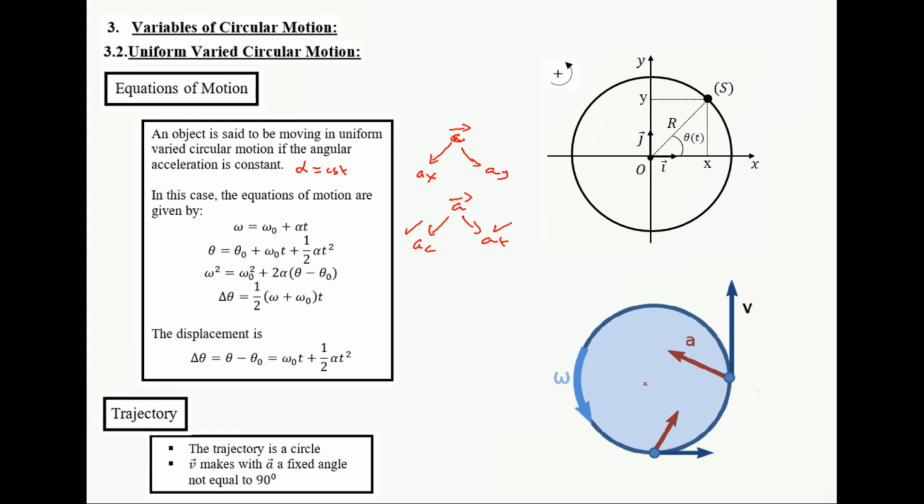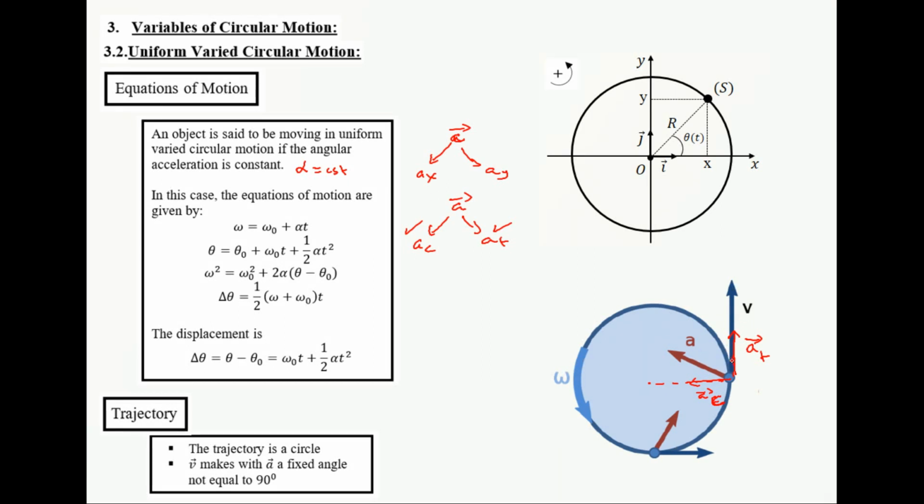Because we're going to have part of the acceleration pointing toward the center, and this is a centripetal, and there is another part of the acceleration which has to do with speeding up or slowing down. Let me say that this is speeding up, so the acceleration is upward. This is tangent, so this is centripetal, and this is a tangential.